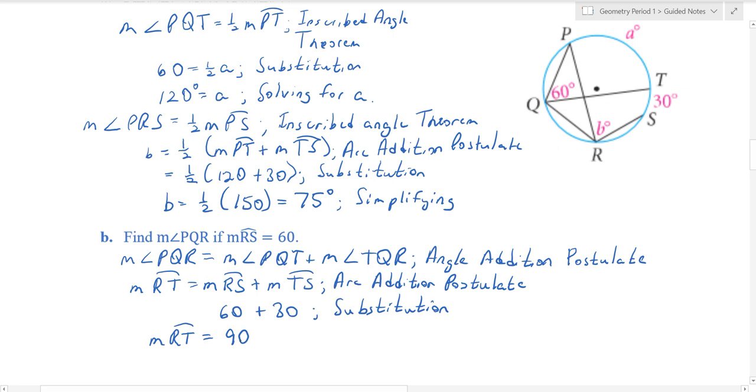Then we can say that the measurement of angle TQR equals 1/2 the measurement of arc RT, and that is because of the inscribed angle theorem.